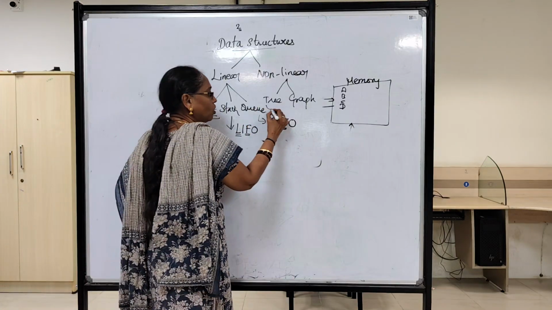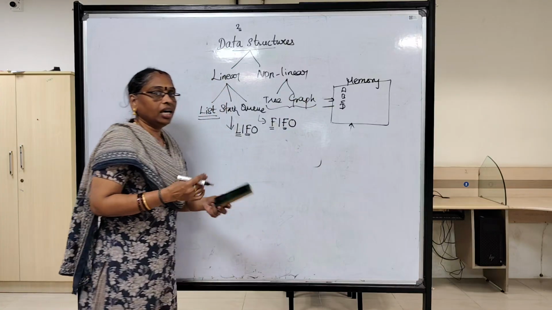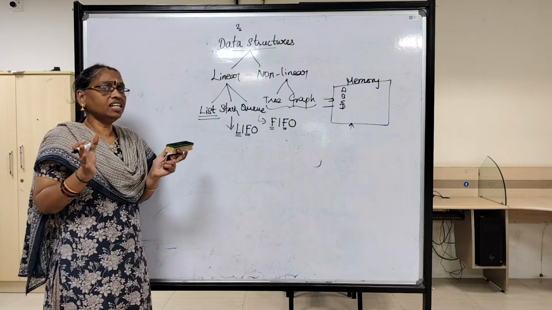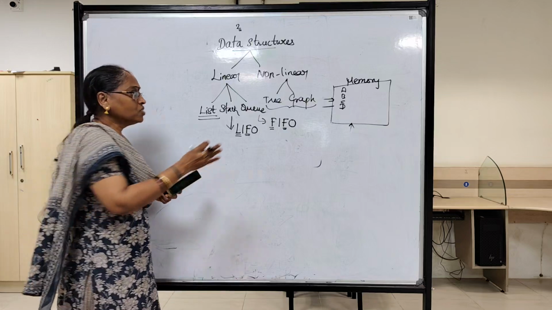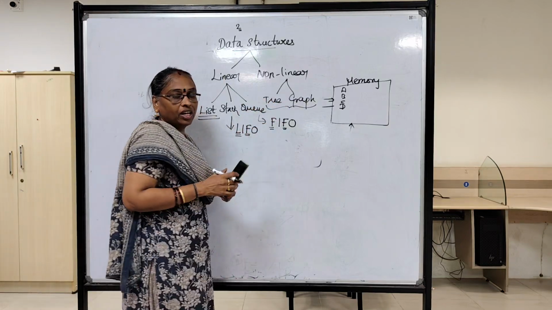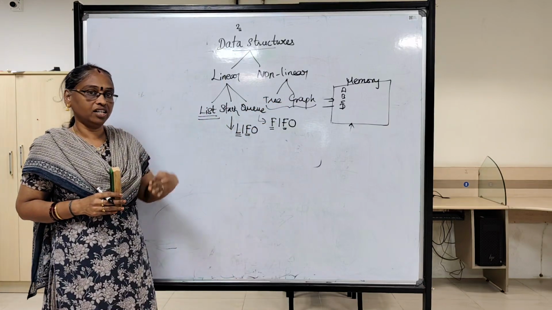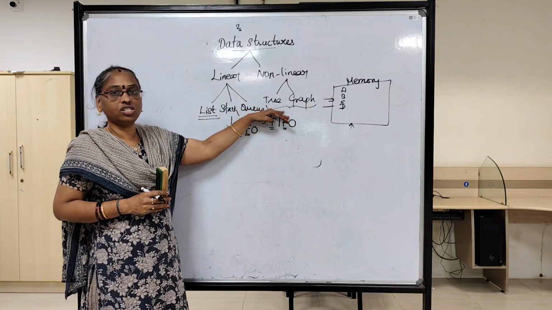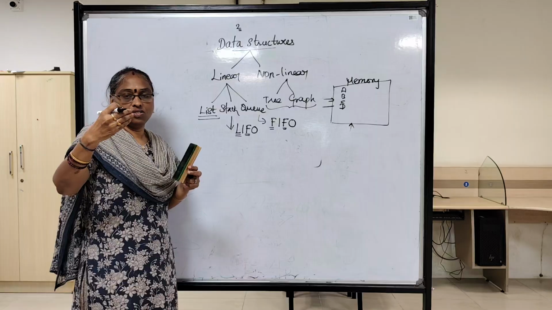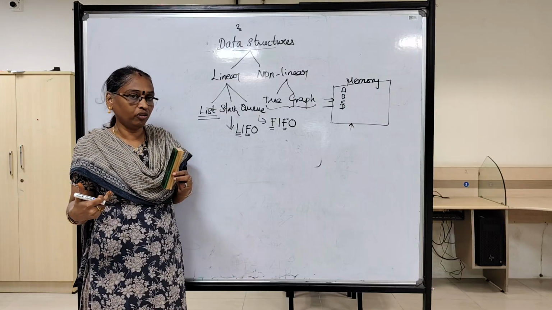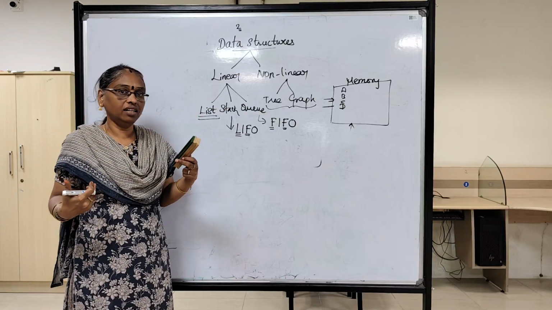And what is this non-linear? Tree and graph. Suppose there is any relationship existing among the data I'm gathering, right? So I can go with this tree or graph. If the data has hierarchical relationship, I can go with tree, right? Because I start with the root, then the children of the root, then the children of those children, some hierarchical relationship.